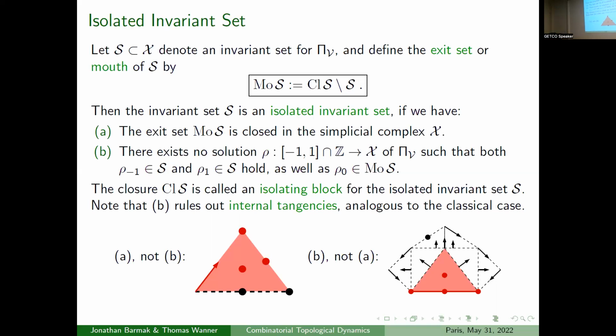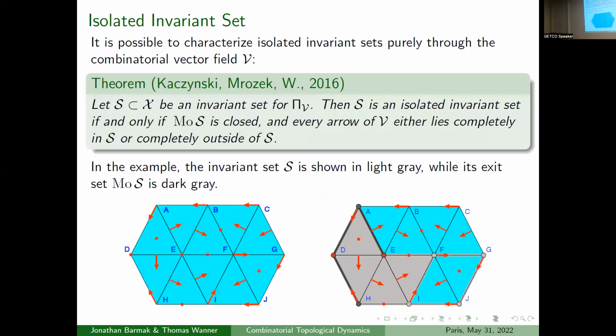Once you realize that this is the right definition to think about isolated invariant sets, you can come up with a Conley index. But first, you can characterize them much more easily than through this definition that we basically carried over from the classical setting. If you have an invariant set, then it's an isolated invariant set if and only if the mouth is closed, and it's compatible with respect to the Forman vector field in the following sense.